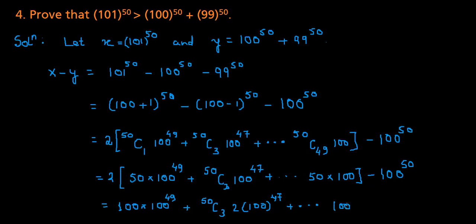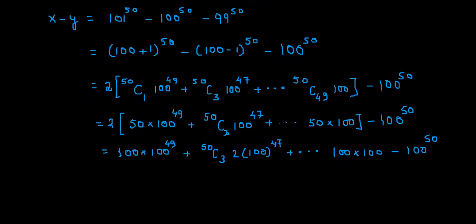This is going to be 100 times 100 minus 100 raised to the power of 50. Scroll down this. So 100 times 100 raised to the power of 49. What we can do is add the powers, the indexes. That should give us 50.